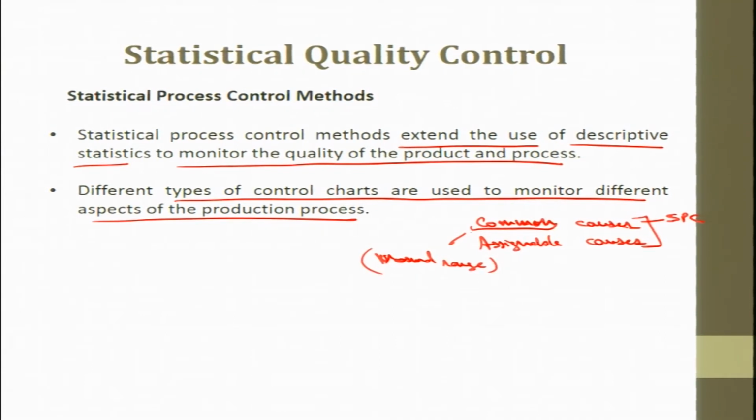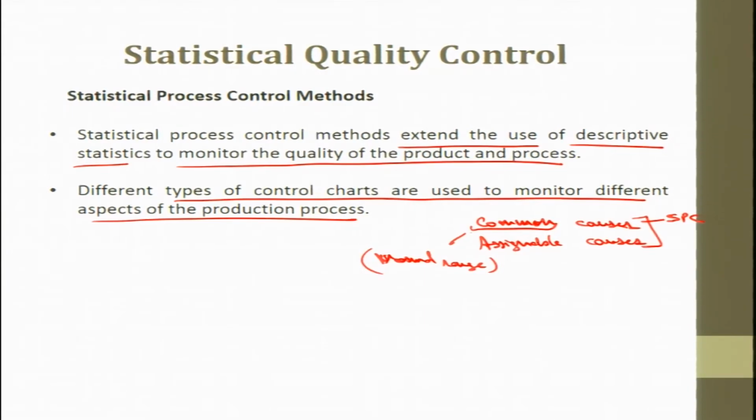Okay, but the point I am trying to make here is that we would like to make sure that the process is in a state of control, and the most commonly used tool for monitoring the process is the control chart that we will discuss. So different types of control charts are there to monitor different aspects of production.